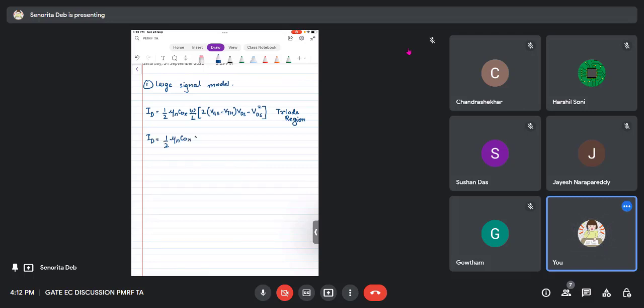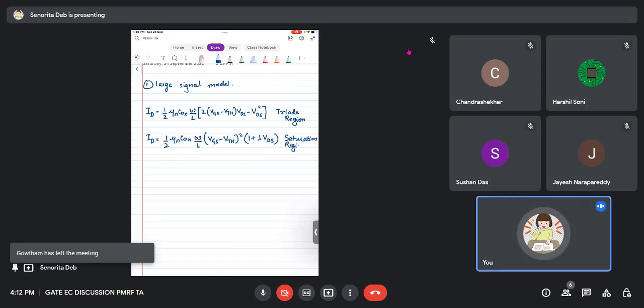Next was ID equals half mu n COX W by L VGS minus VTH square into 1 plus lambda VDS. This was in saturation. The channel length modulation parameter will come into play after the device has reached saturation, right?